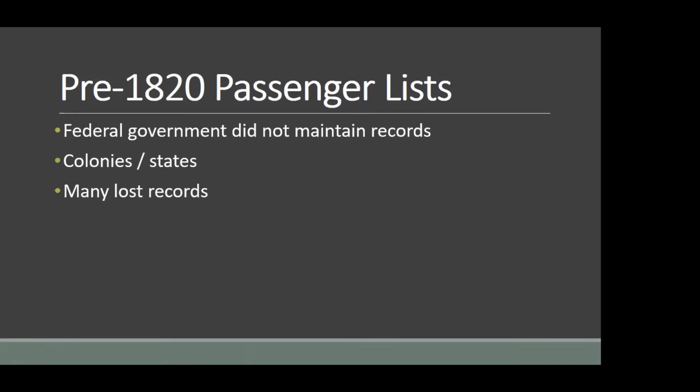Typically, these records were kept by the port of departure, the colony, the state, or the port city who might regulate the passenger list. And some of these lists were documented at the port of departure in British countries. Our US government did not start maintaining passenger list records until 1820. So this is why these earlier records are more complicated.